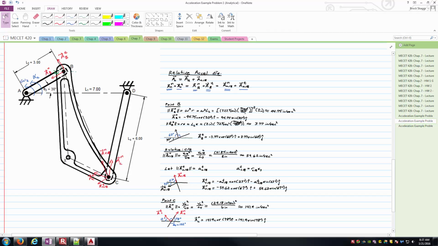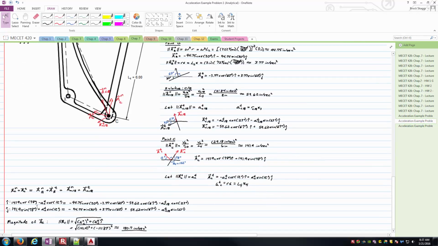When we didn't know the magnitude of the vector, we just represented it as a variable. Finally, we solved the system of equations by breaking the one vector equation into two scalar equations. After determining the tangential component of C, we were able to determine the magnitude of the acceleration of C, the magnitude of that vector.